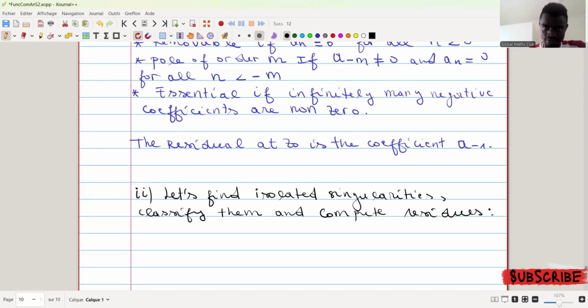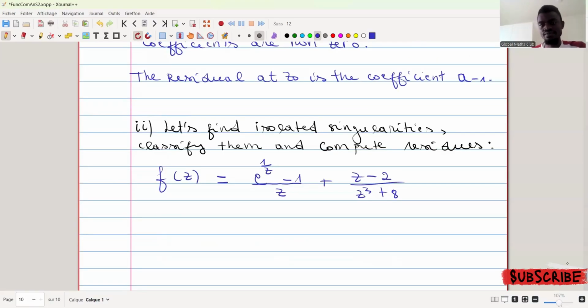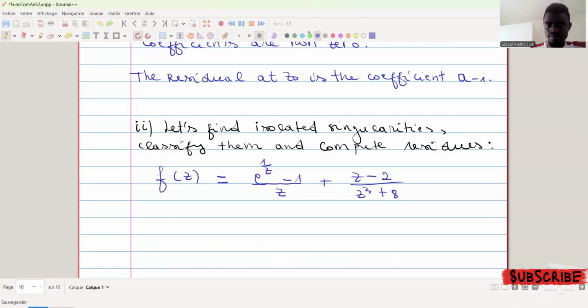So this is our function f: exponential of 1 over z minus 1 over z, plus z minus 2 over z cubed plus 8. So this is our function.